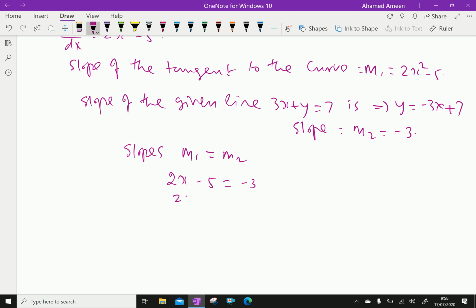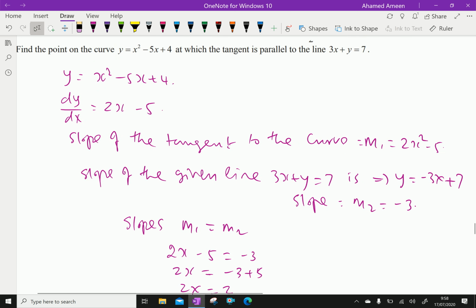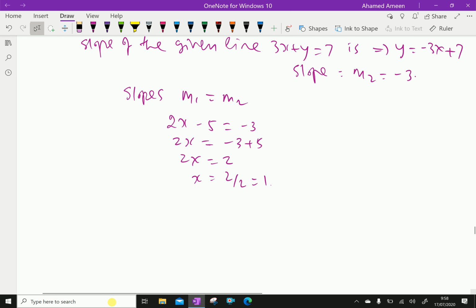Therefore 2x equal minus 3 plus 5, 2x equal to 2, x equal to 2 by 2 equal to 1. Therefore we got x equal to 1, the point.